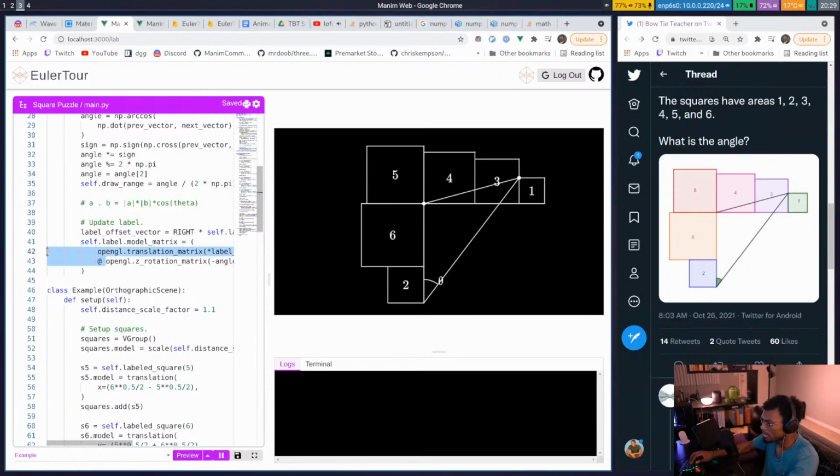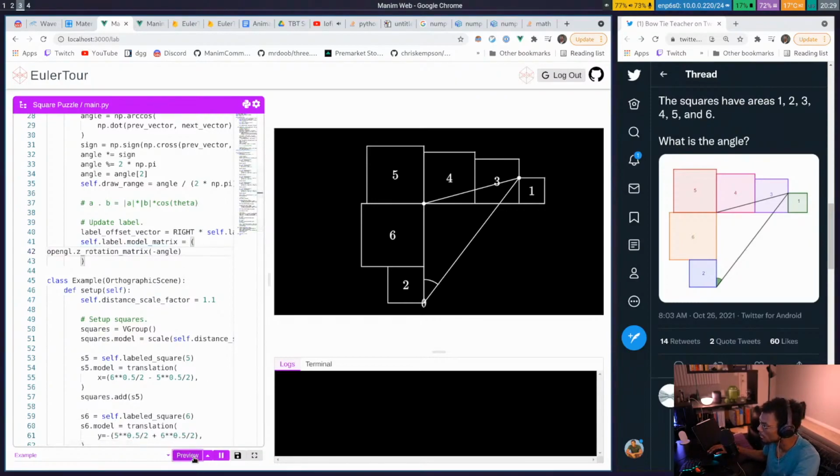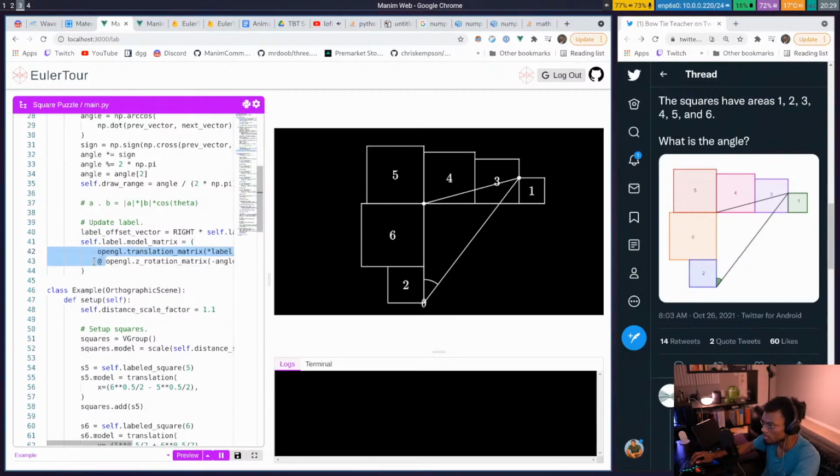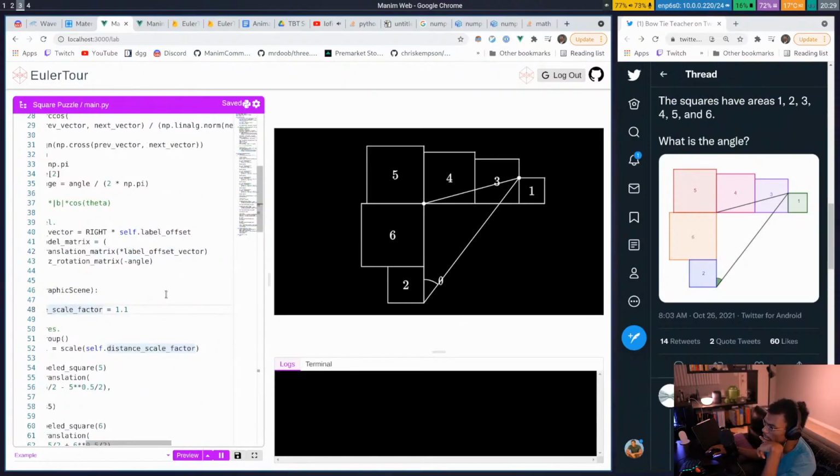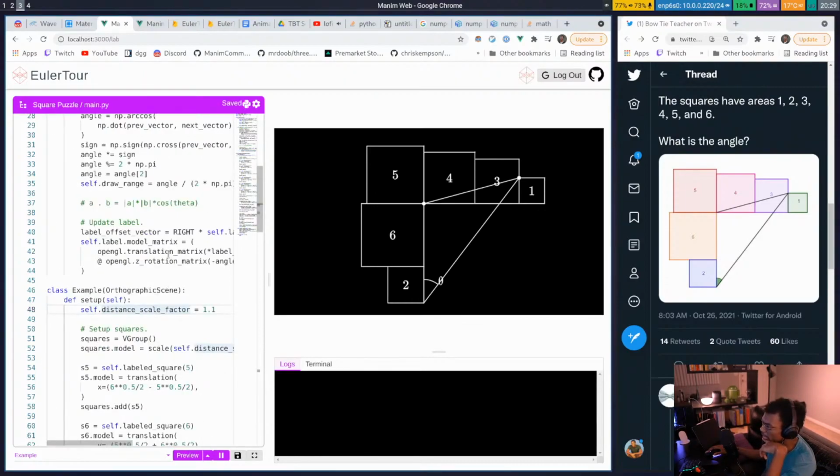Like if I undo the translation, then yeah, that looks right side up. Come on. But since I know I'm gonna rotate it by angle over 2, I don't want it to be right side up.